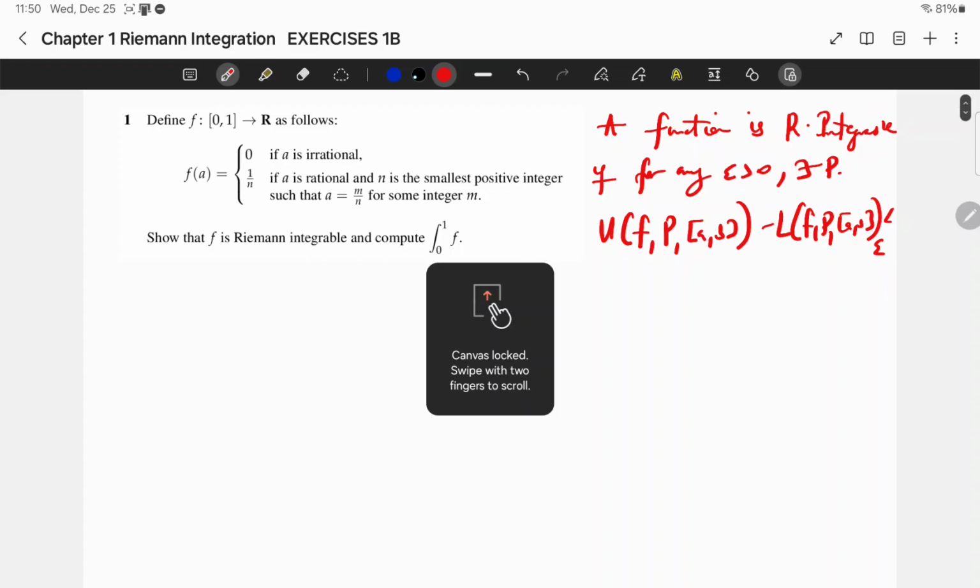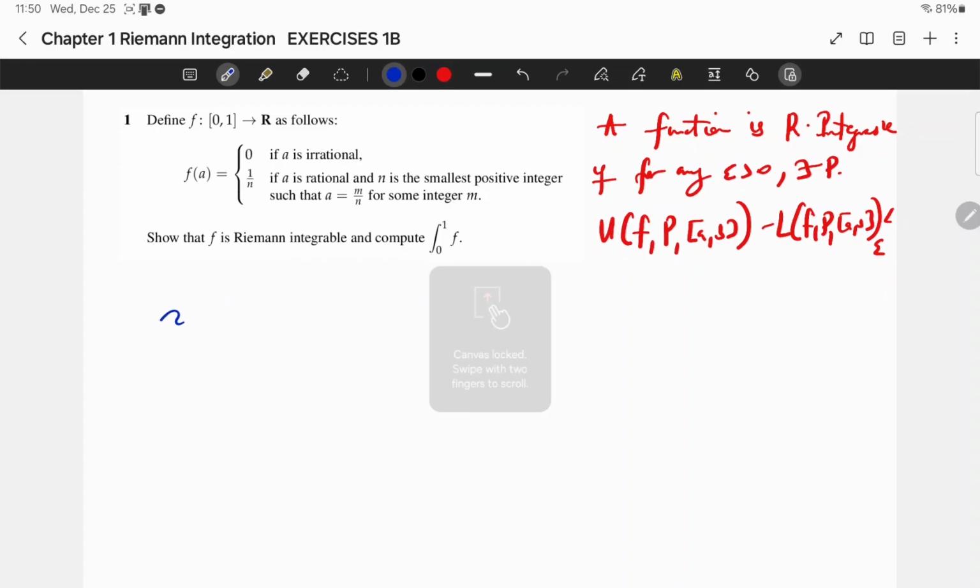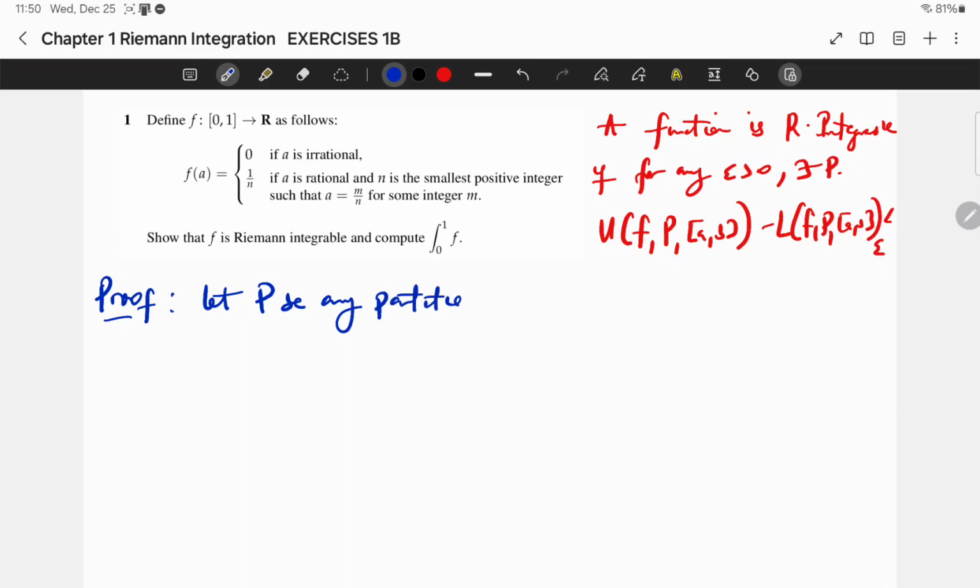let's check the proof for any partition. So let P be any partition of a comma b.